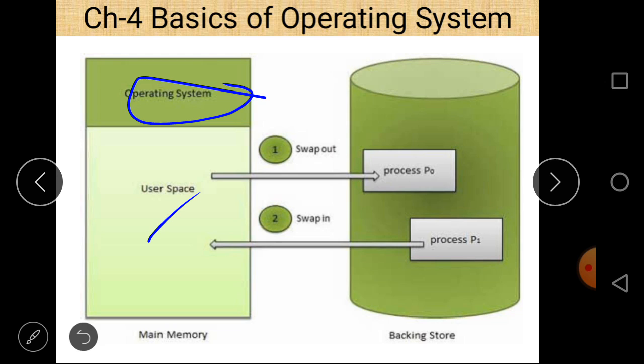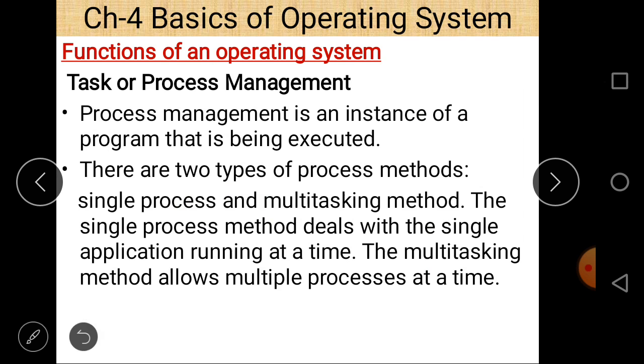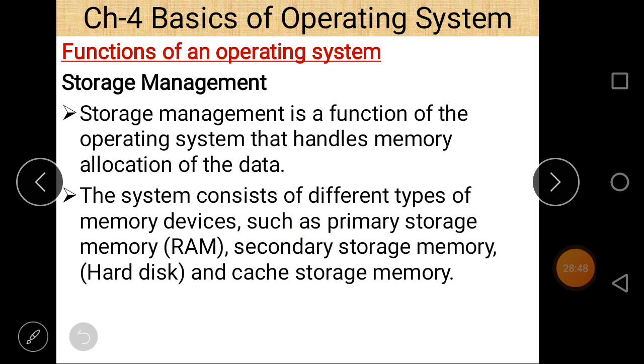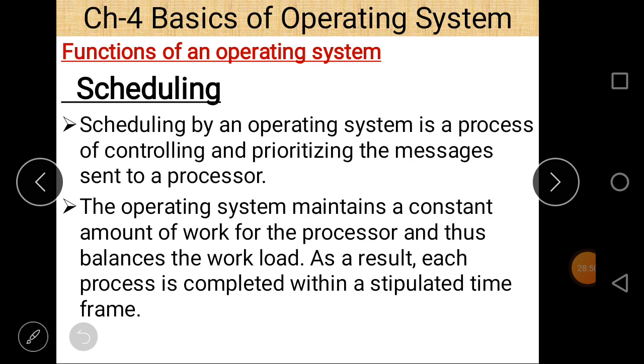And whenever data is passed from RAM to secondary storage, that is called swap out. All these operations are done by the operating system. And process management, as I told earlier, process is only an instance of a program, so different phases of a process are also maintained by the operating system. Next is storage management, and next is scheduling.